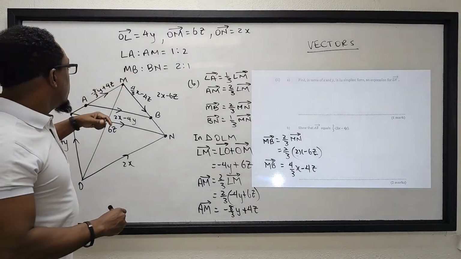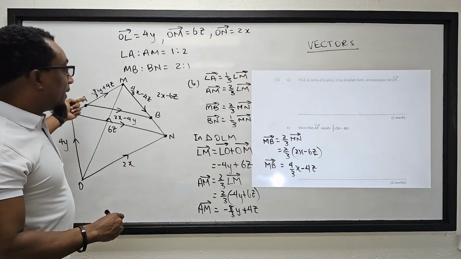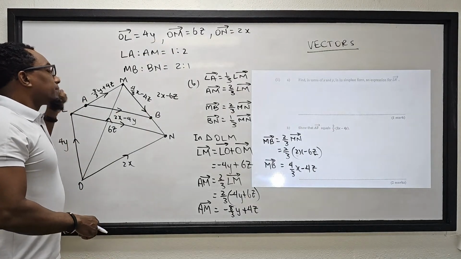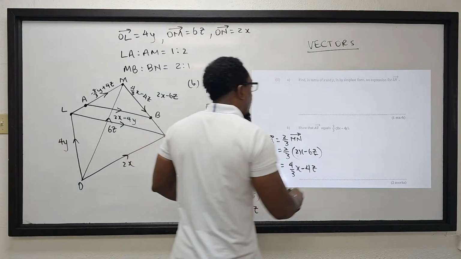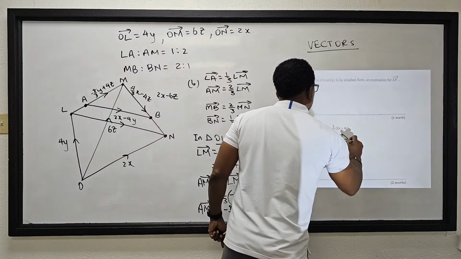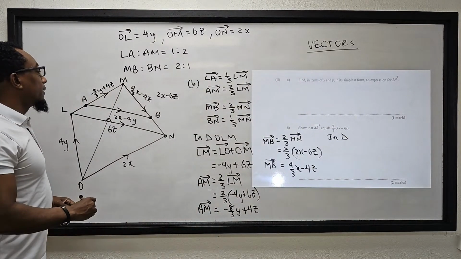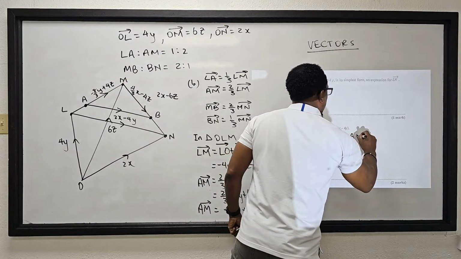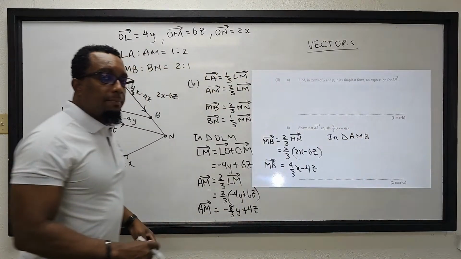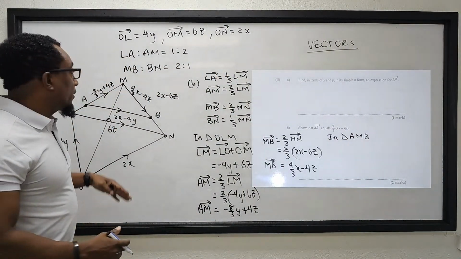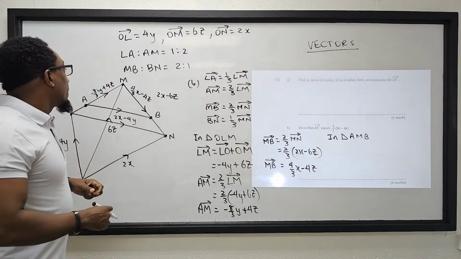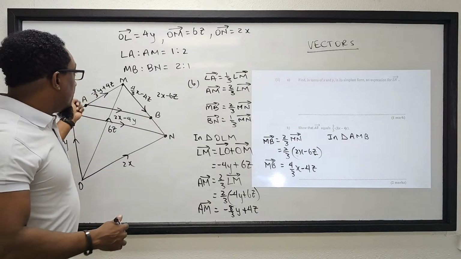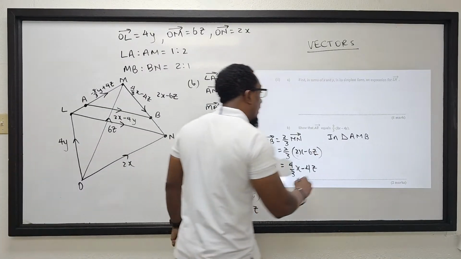You'll have AM and MB moving in that direction, right? So I'm going to state here in triangle AMB, I'm doing the triangle based on 3 vertices. If you want to call it MBA, it's up to you. So I'll call it AMB. Of course, we want to find AB, so we begin by writing AB.